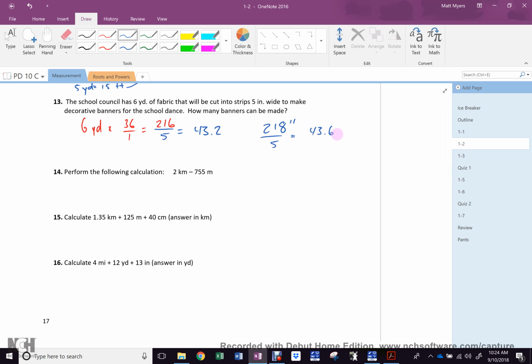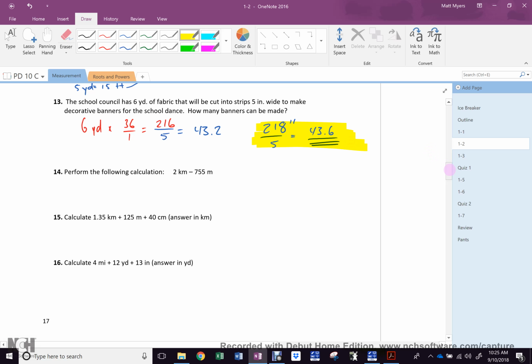Why? 43 is the whole number. I cannot get another banner out of that. In a math class, what would you say? 44, because we'd round up. In real life, we can't make that banner appear. Does everybody understand? Cool. I'm going to highlight it because all of you said you understood. That's a little bit of a hint, right?